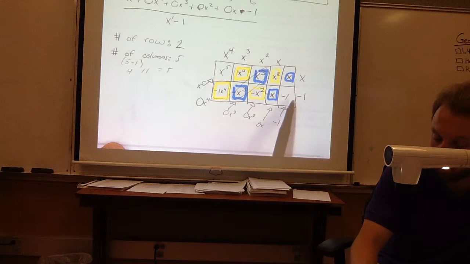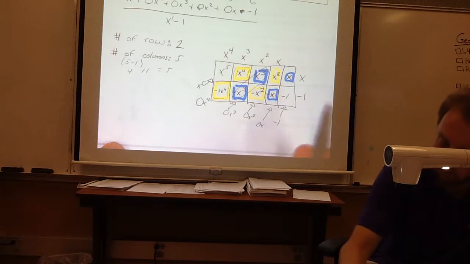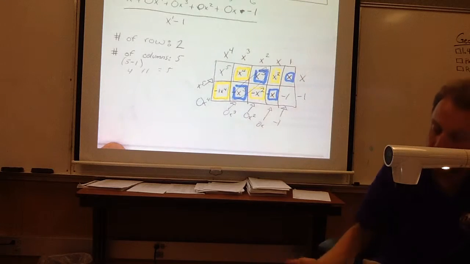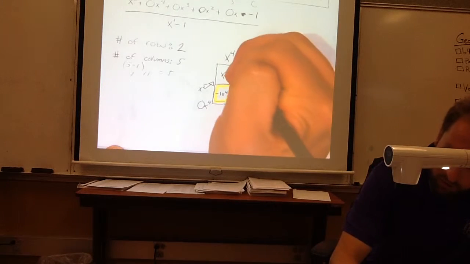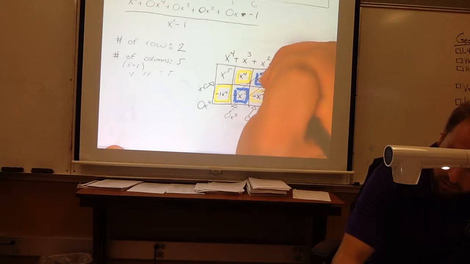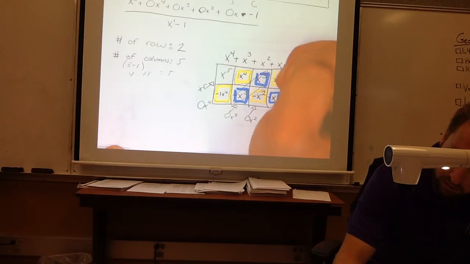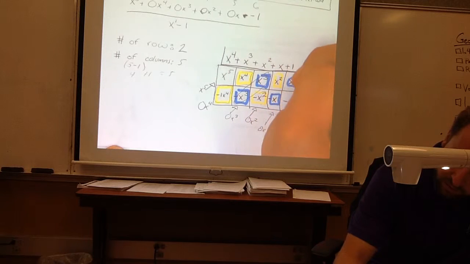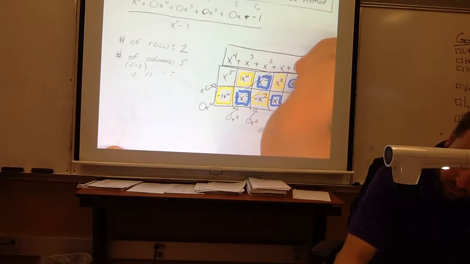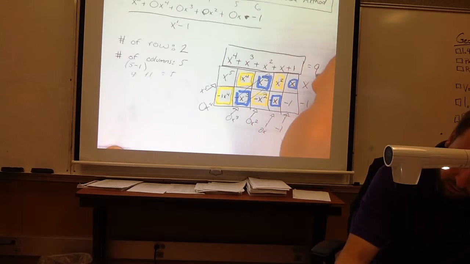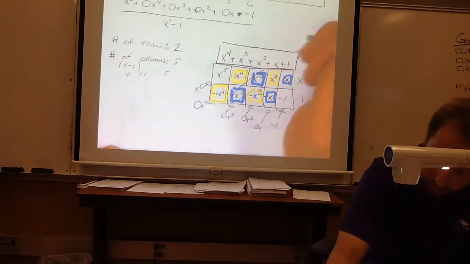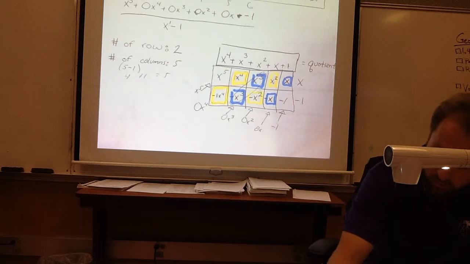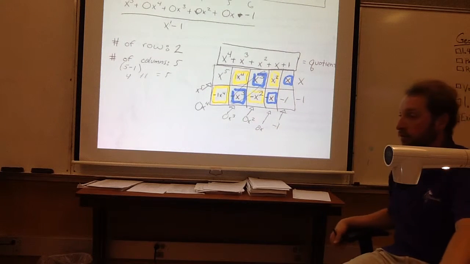Negative 1 times what is negative 1? 1. 1 times x is x. And so now we have found our answer. The answer is right there. Right? That's our quotient. And that's the reverse table method.